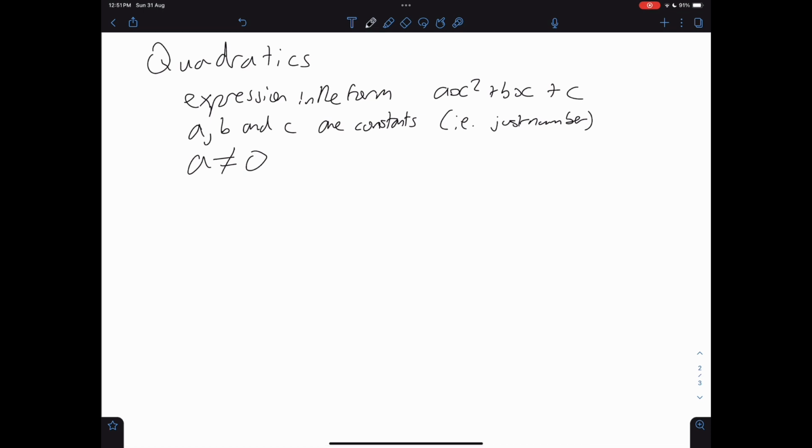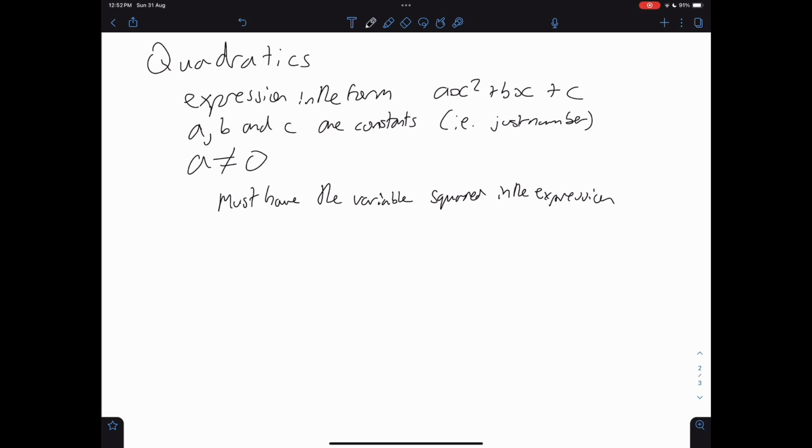So that would imply that you got to have the variable squared in the expression. And also, you can't have a cubed in there. The highest power will be 2. Can't go higher than that.